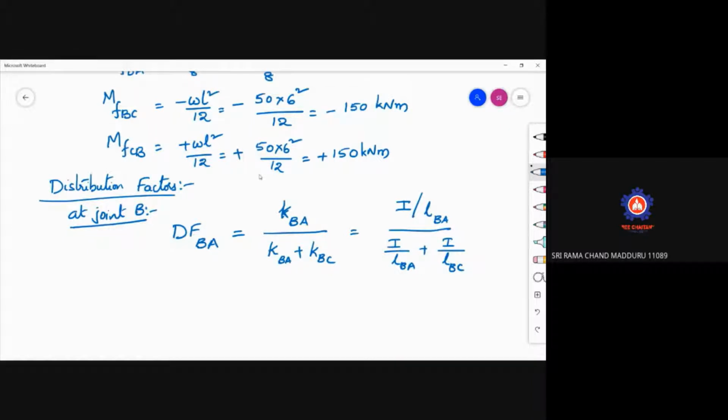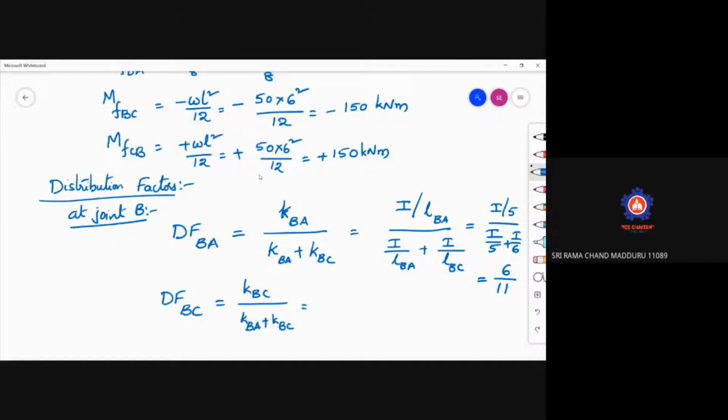Now substituting the values here, this will be I by 5 over I by 5 plus I by 6. So the value will be 6 by 11. DFBA is 6 by 11. Now DFBC is equal to KBC by KBA plus KBC.